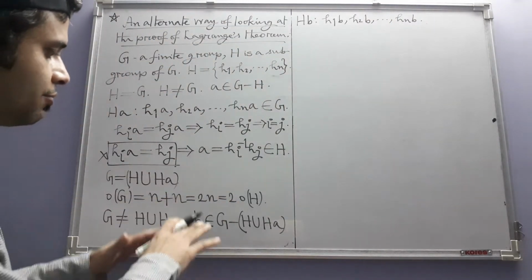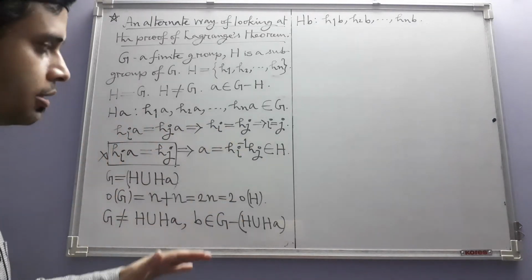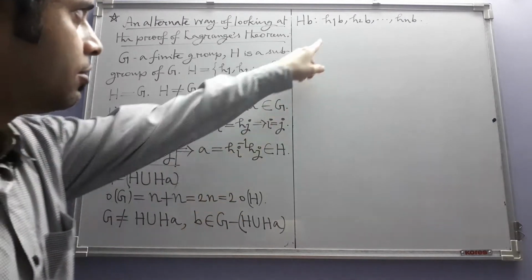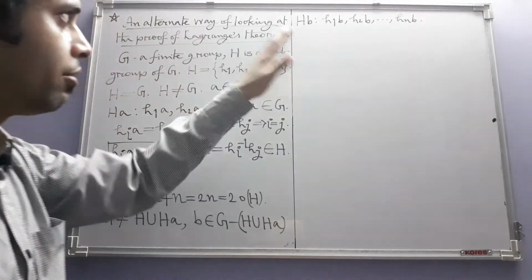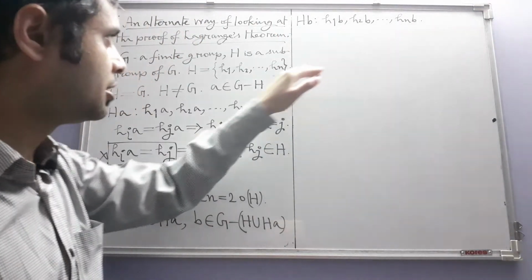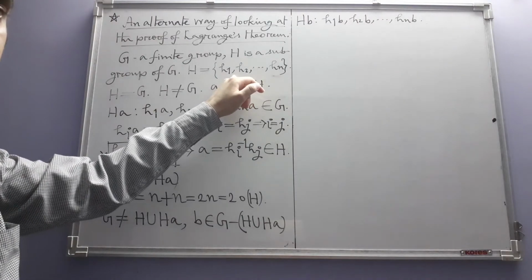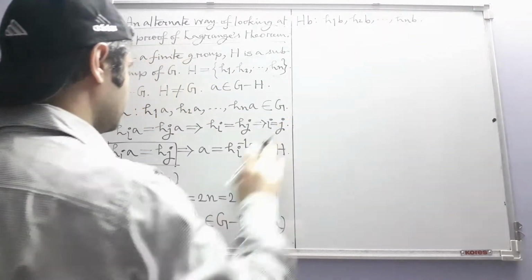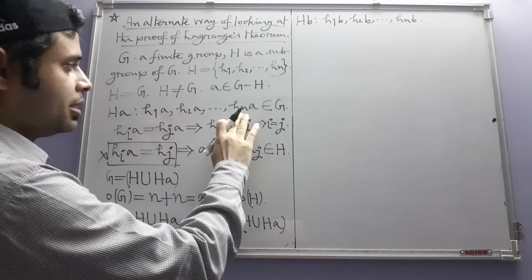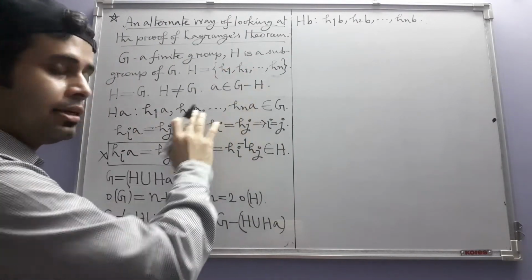Now because of the similarity of the situation, we already know that these elements are going to be distinct. Also, none of these elements will appear in H. However, it may be that some element here has already appeared here, not in H but in HA.